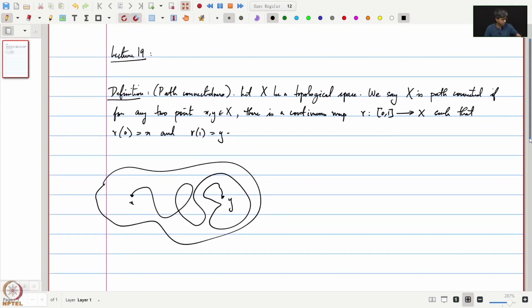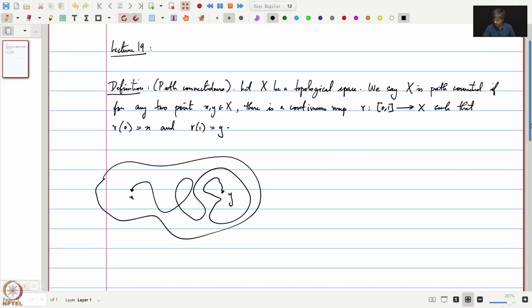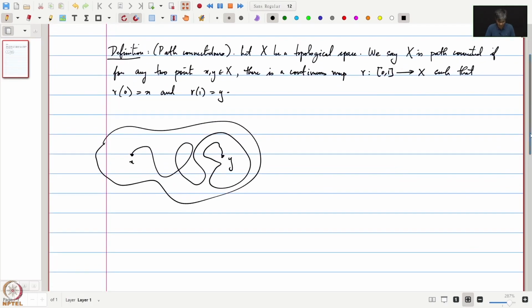All right. So the first result we want to prove is that a path connected space is connected.